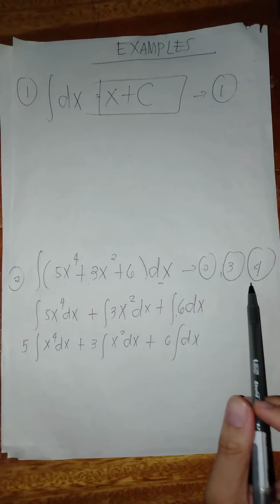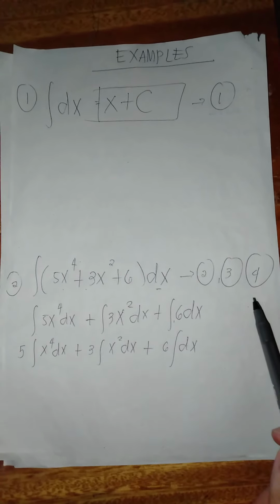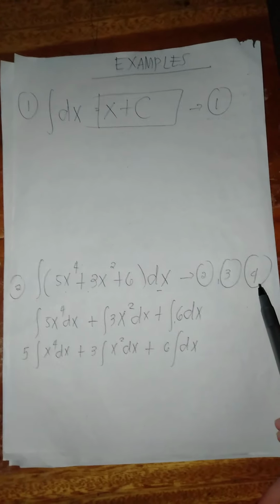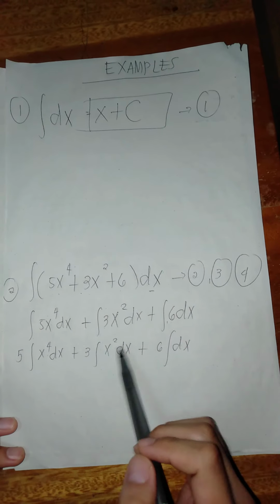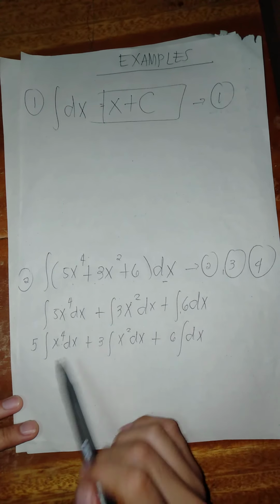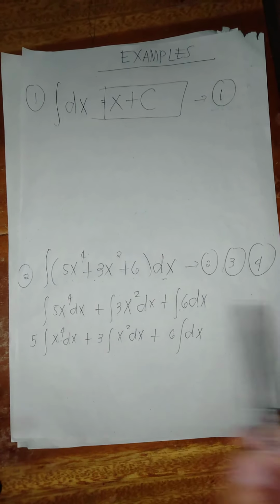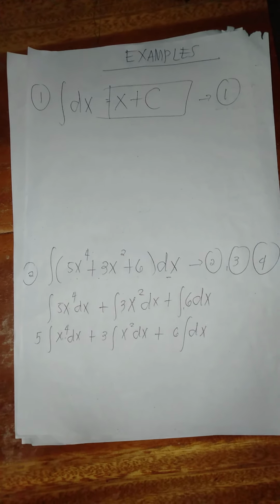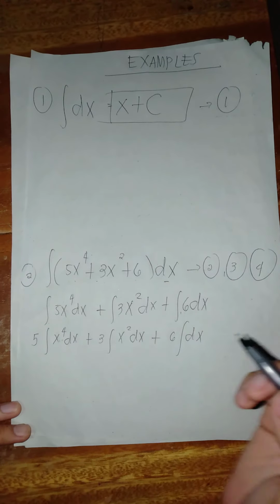The next, we apply number 4. If you're going to replay or etras nyo ng konti yung video, yung number 4 natin is yung power formula. Tama. You have an exponent dun sa x natin. Sabi ko nga, wala ka namang exponent na negative 1, yun lang naman yung restriction natin if you're gonna use power formula. So apply natin formula number 4.